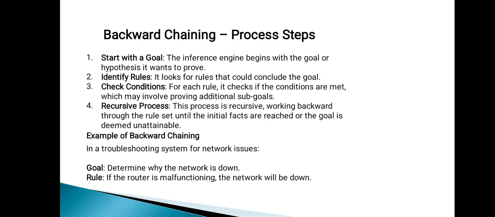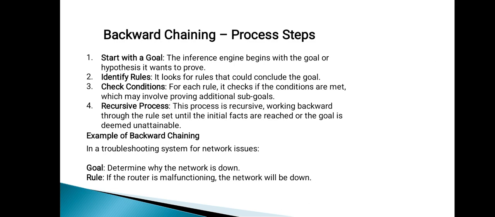If some conditions are not directly available, they become new sub-goals. The fourth step is the recursive process. The system continues searching backward until it reaches facts that already exist in the knowledge base or until it determines the goal cannot be proven.